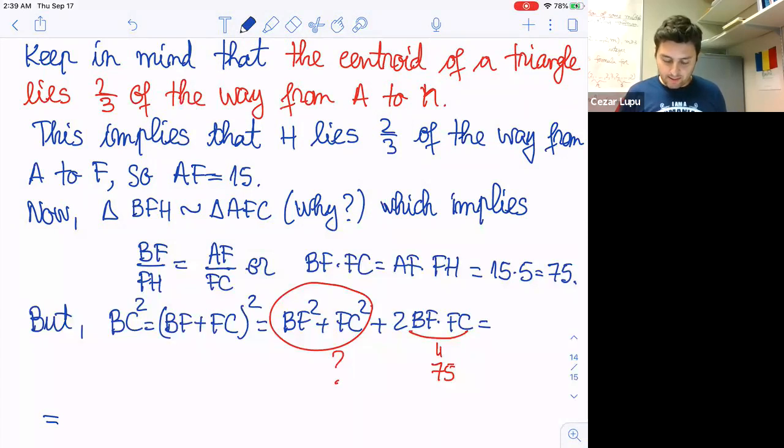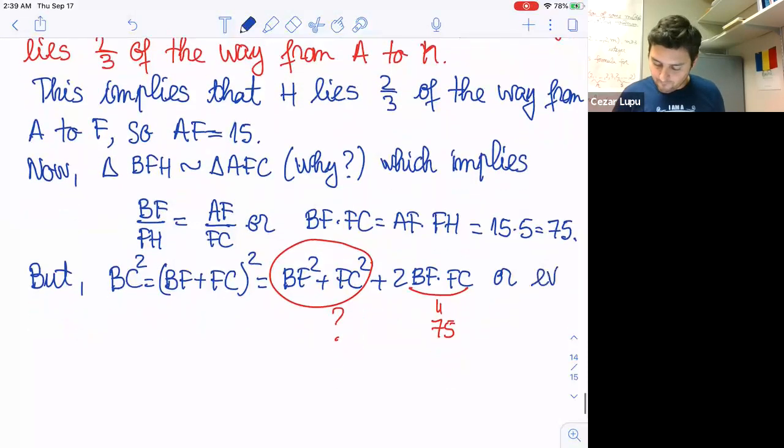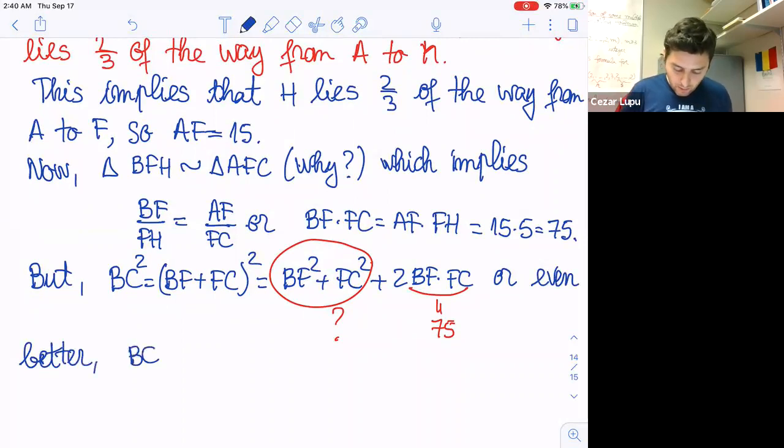We can write this as, or even better, BC squared is the same as, so again, BF plus FC, everything squared.